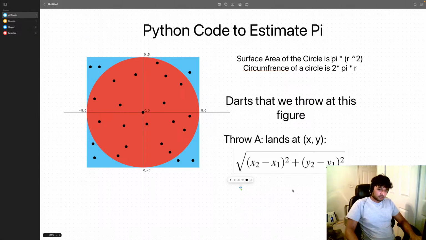But okay, so we have this equation here, and this is obviously equal to the distance, which is a singular value.